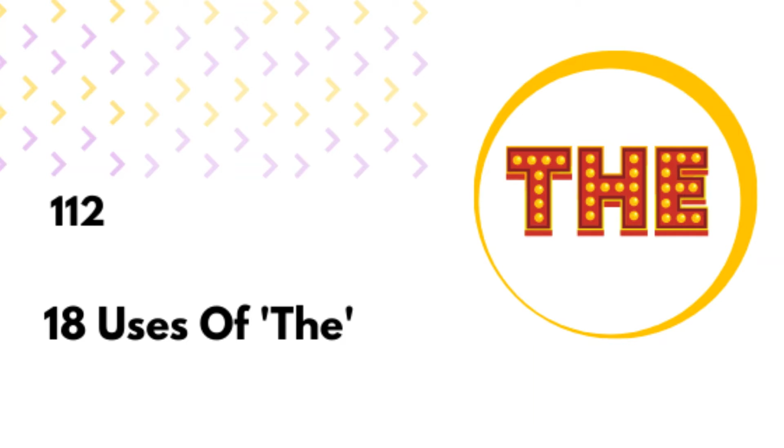This time, though, you're going to get a list of situations, a list of uses of the. Why? Well, it's not that complicated, let's say. If I focused on one use only, you would have to tune into 17 more episodes on definite article, and that would most likely kill you. So let's have everything we need to know and more about the definite article, the.